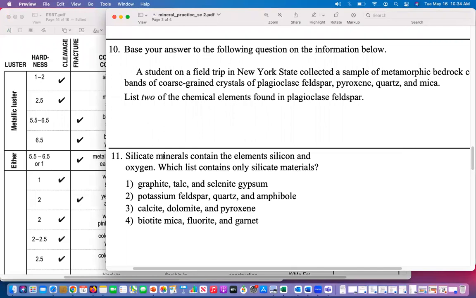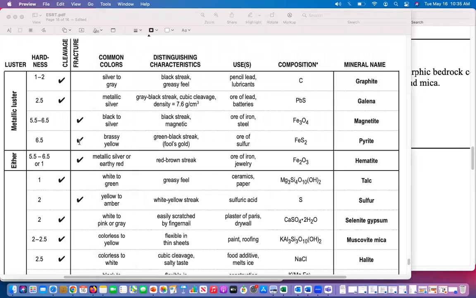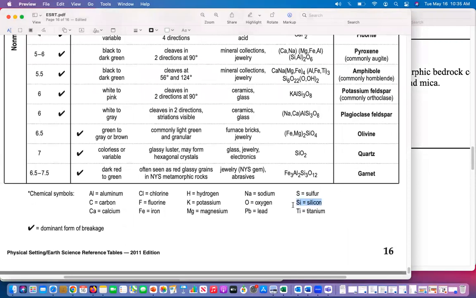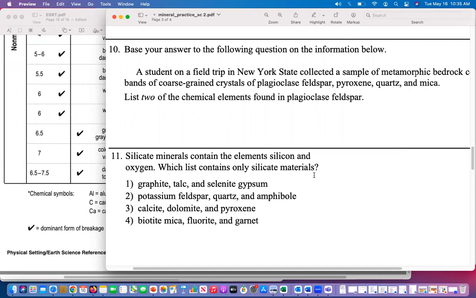So silicate minerals contain the elements silicon and oxygen, so I'm going to look for a mineral that has silicon and oxygen. What is the chemical symbol for silicon and oxygen? Silicon is Si, oxygen is O. So which of these minerals have Si and O?